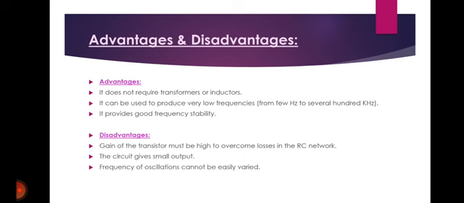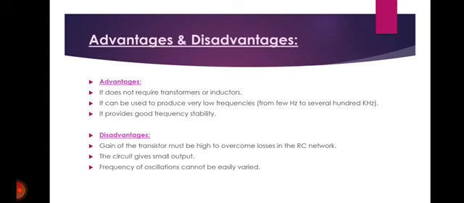Then see the advantages and disadvantages. The advantages are: it does not require transformers or inductors. It can be used to produce low frequencies, that is from a few hertz to several hundred kilohertz. It provides good frequency stability.